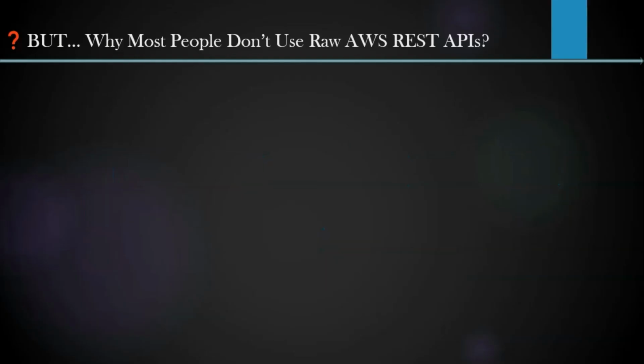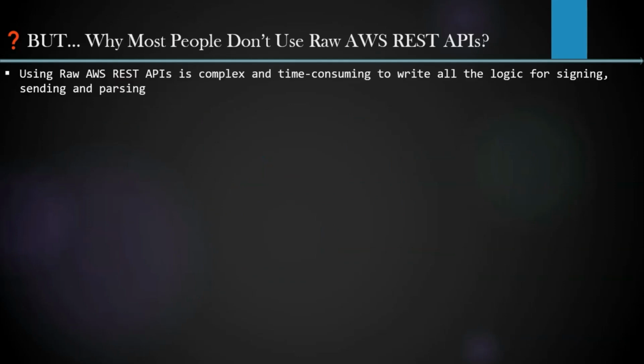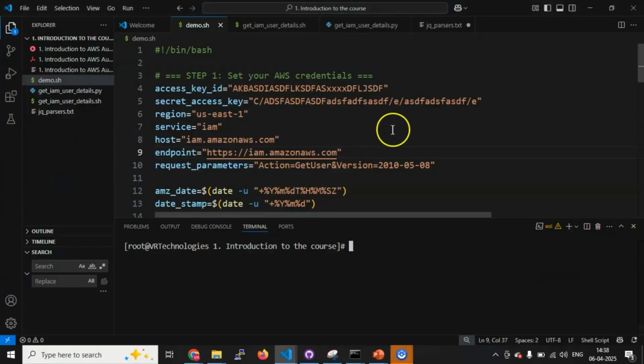Why don't most people use raw AWS REST APIs for automation? Because using raw AWS REST APIs is complex and time consuming to write all the logic for signing, sending and parsing. Let me show you that. I tried to develop a bash shell script to get IAM user details by executing raw AWS REST APIs through the curl command.